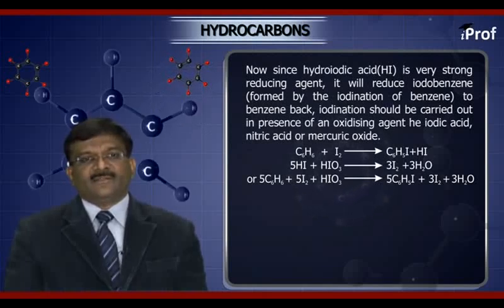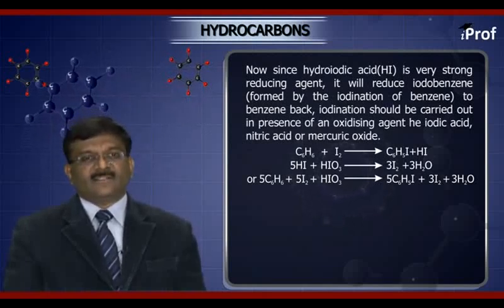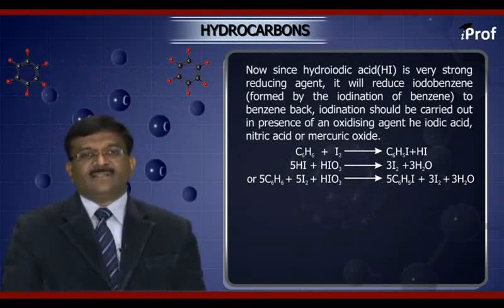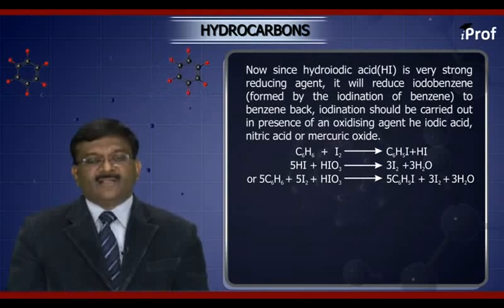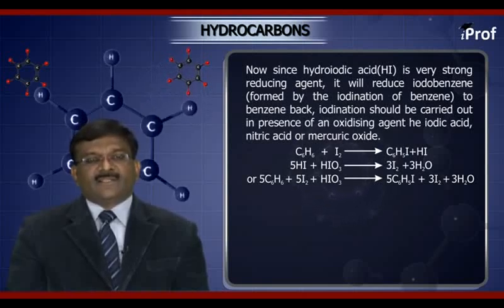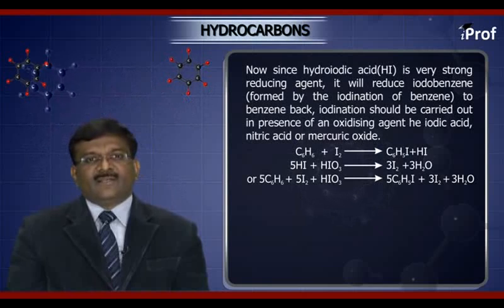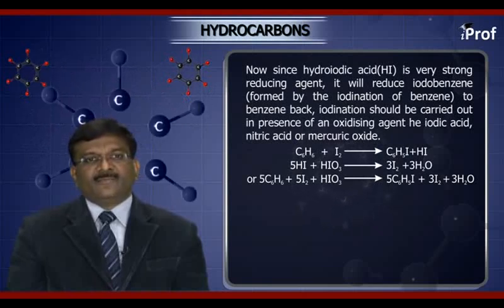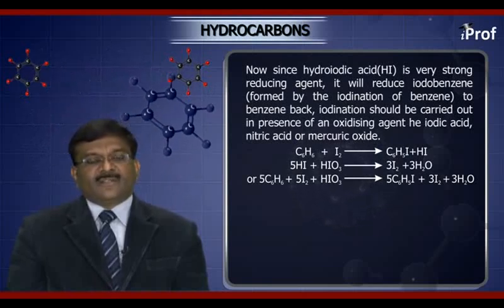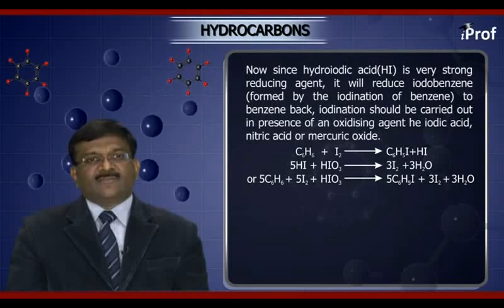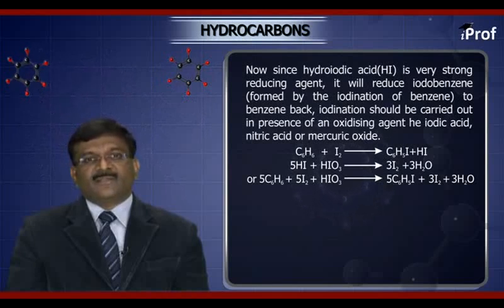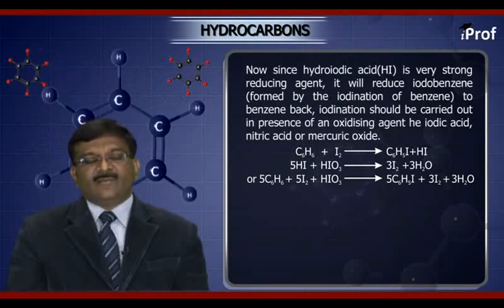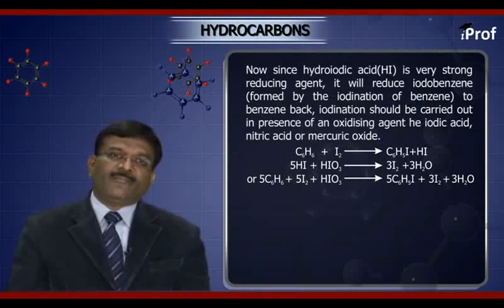The reaction is C6H6 plus I2 gives C6H5I plus HI, where the hydroiodic acid reacts with HIO3, HI plus HIO3 gives 3I2 plus 3H2O. Or the reaction is 5C6H6 plus 2I2 plus HIO3 gives 5C6H5I plus 3H2O.